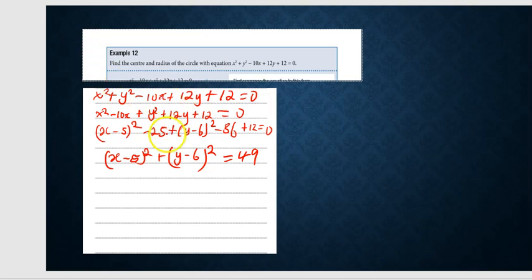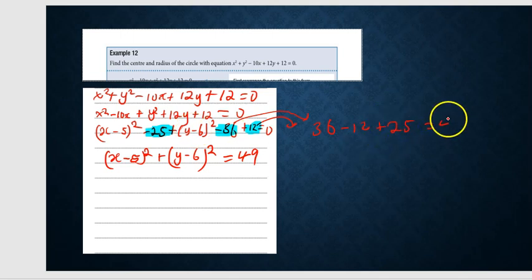Yes, because here you have 25, 36, and we have 12. When we take them to the other side, 12 becomes negative 12, and negative 36 becomes positive 36 minus 12, and then negative 25 becomes positive 25.